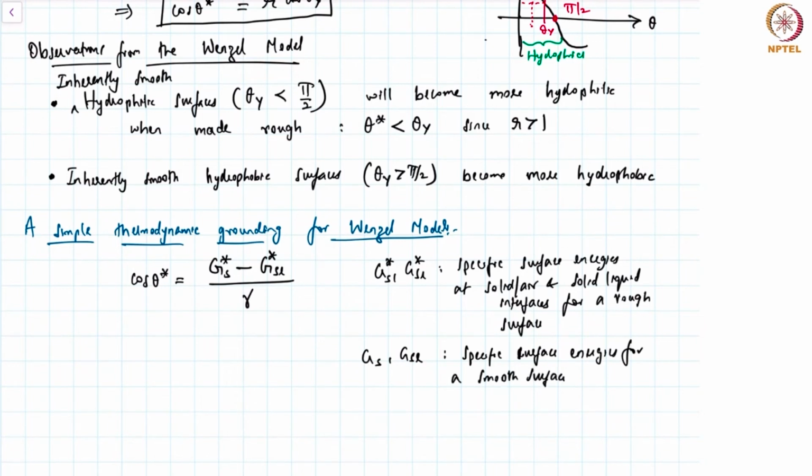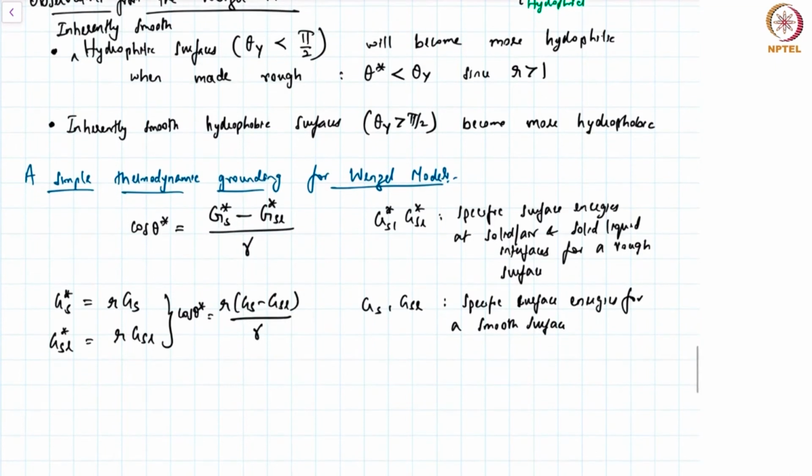Therefore, I can straight away conclude that the specific surface energy for a rough surface will simply be the roughness parameter R times GS, because essentially the effective area has increased and therefore the effective specific surface energy has changed. Similarly, this quantity is just R times GSL, and from this I simply get cosine of theta star is nothing but R times GS minus GSL by gamma, right?